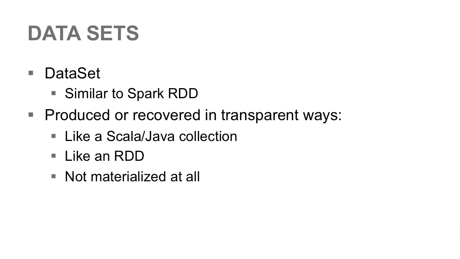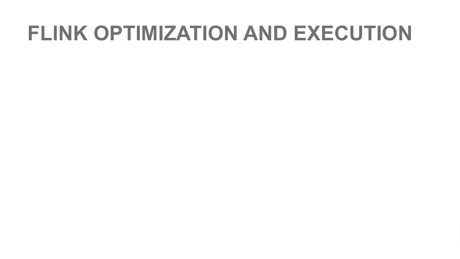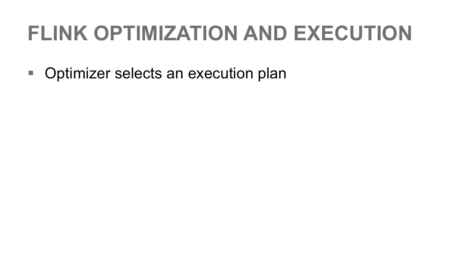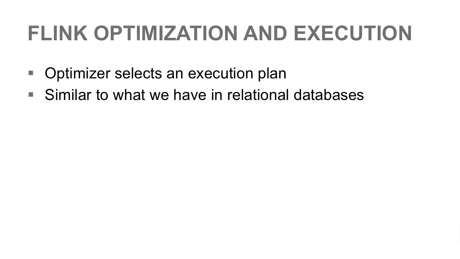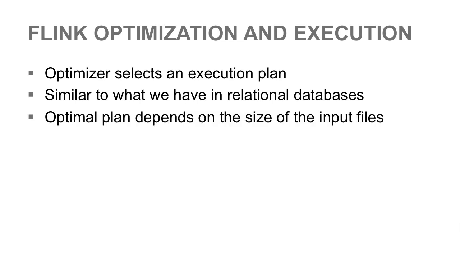Sometimes it does not need to be materialized at all, and sometimes it is updated in an iteration. As for the optimizations in Flink, the optimizer selects an execution plan, similarly to what we have in a relational database, and it can use the size of the input files for that.